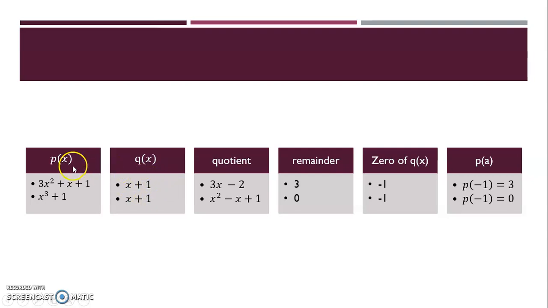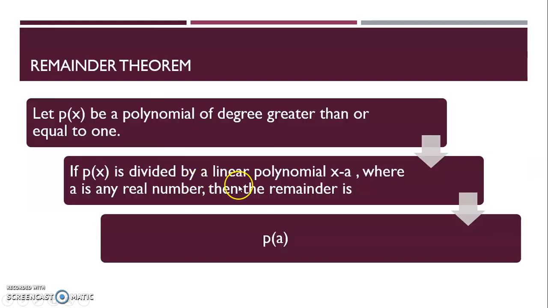So if we are dividing a polynomial of degree greater than or equal to 1 by a linear polynomial of the form x minus a, then the remainder is p of a. So what is the relationship between this a and this x minus a? x is equal to a is the 0 of this x minus a.